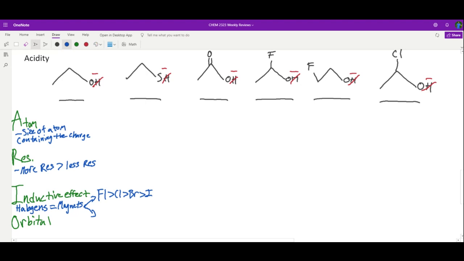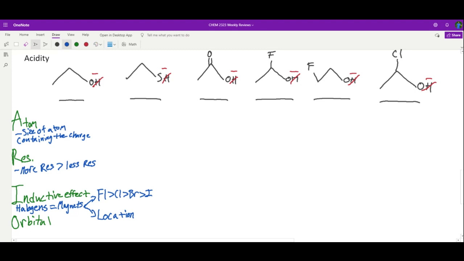So not size, because iodine is the biggest size, but electronegativity and the strength of the halogen matters, as well as the location. Of course, if I have a magnet across the room versus a magnet right next to the negative charge, the magnet right next to the negative charge is going to have a stronger effect.